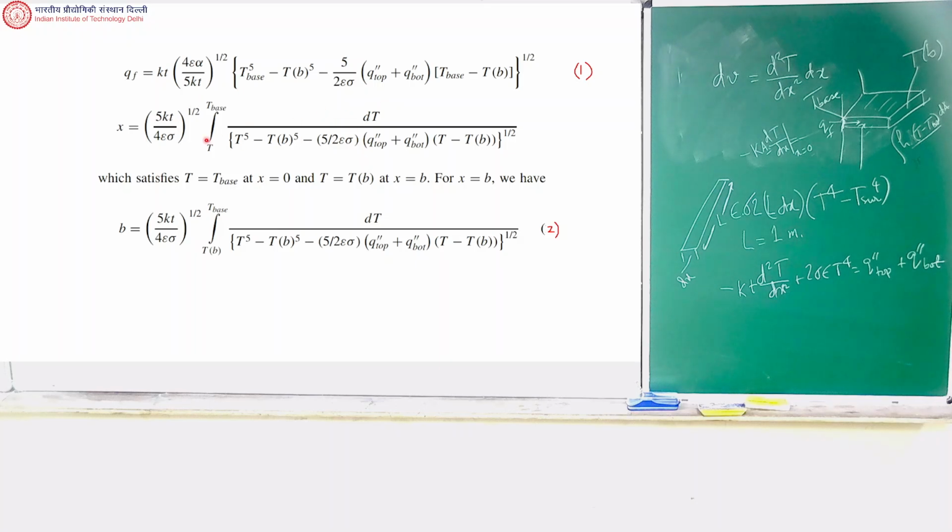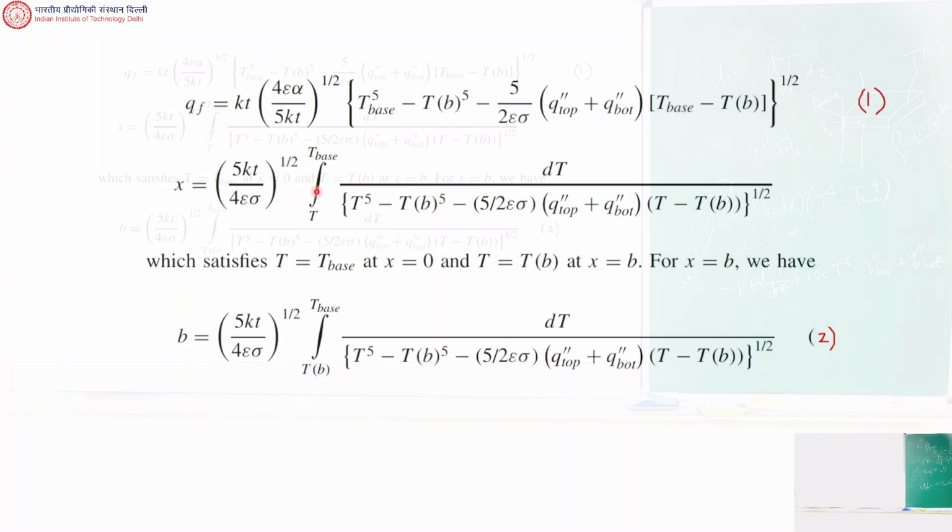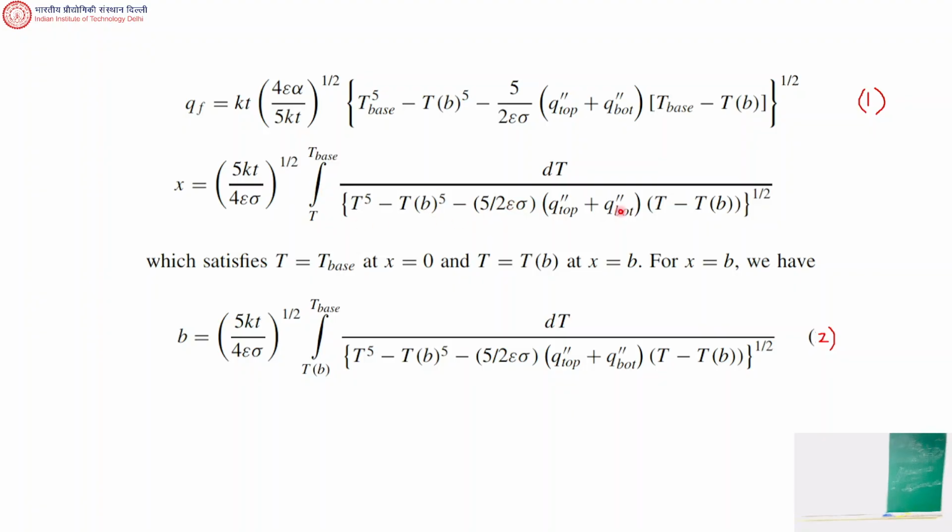All right, so this can be obtained by integrating the expression for dT/dx, separating the variables and integrating. So we get this. And since this is for some general x, it will also be valid when x equal to b. So this thing, when evaluated at x equal to b, gives you this expression, which I'm calling equation 2.